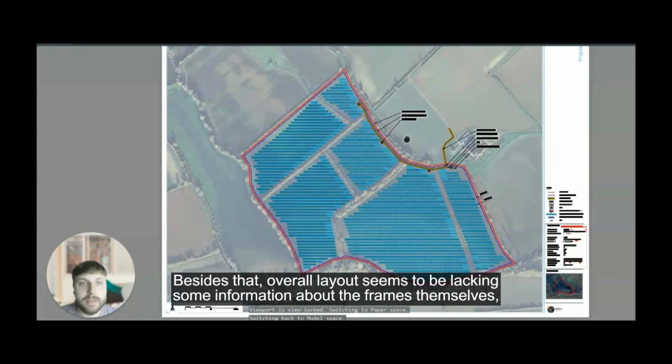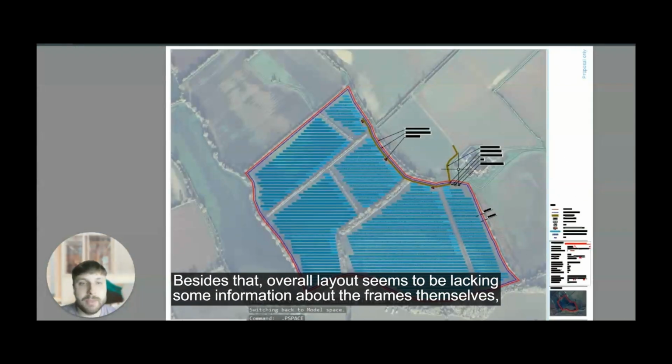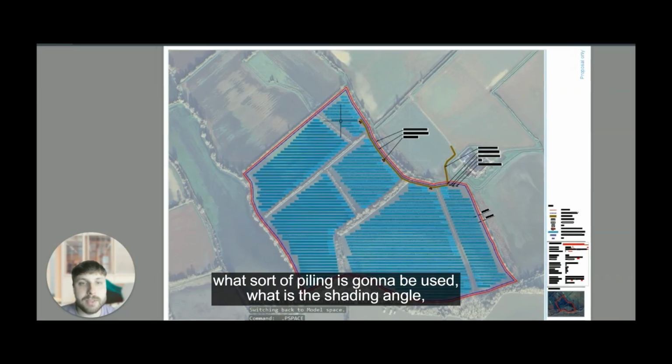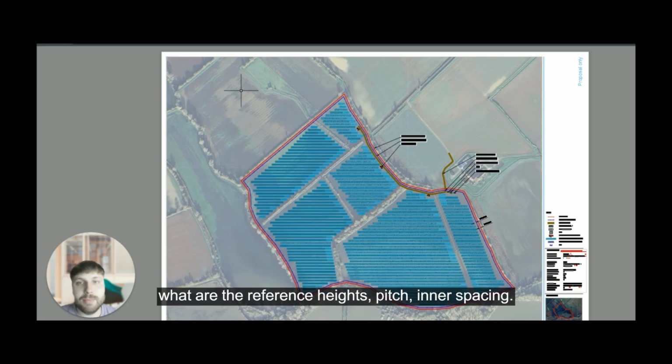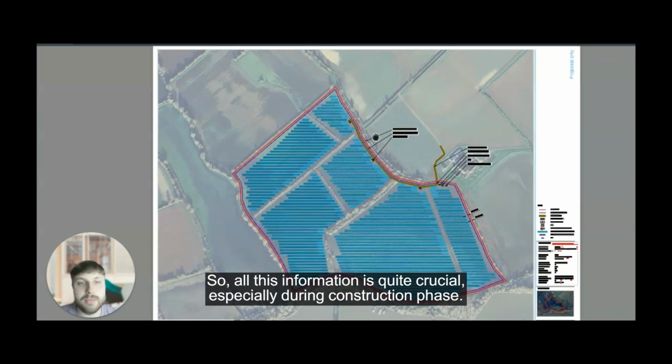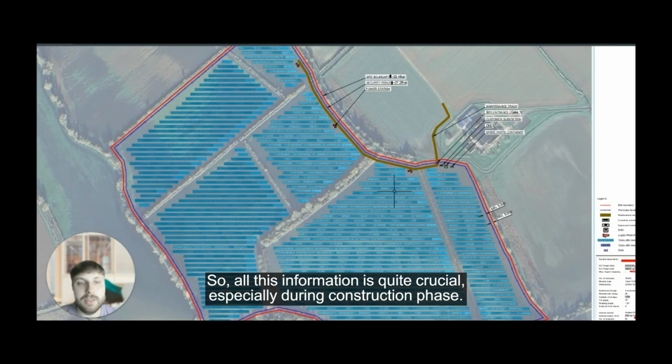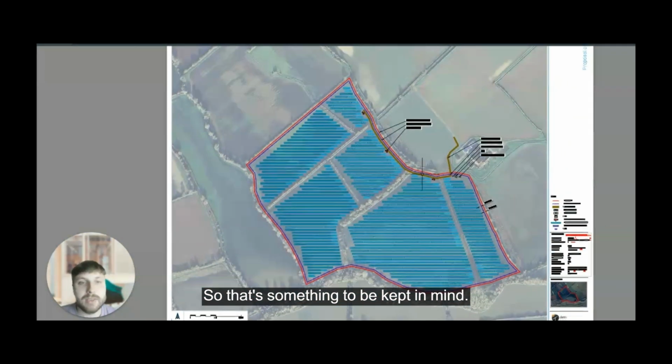Besides that, the overall layout seems to be lacking some information about the frames themselves: what sort of piling is going to be used, what is the shading angle, what are the reference heights, pitch, inner spacing. All this information is quite crucial, especially during the construction phase. So that's something to be kept in mind.